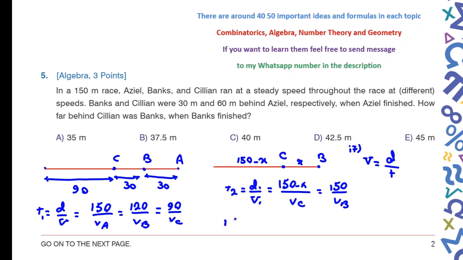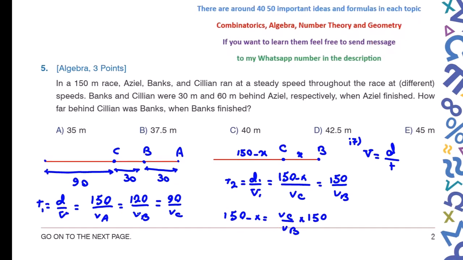So we can say 150 minus x equals v of c over v of b times 150. How can we calculate v of c over v of b by this part? v of c over v of b is 90 over 150.